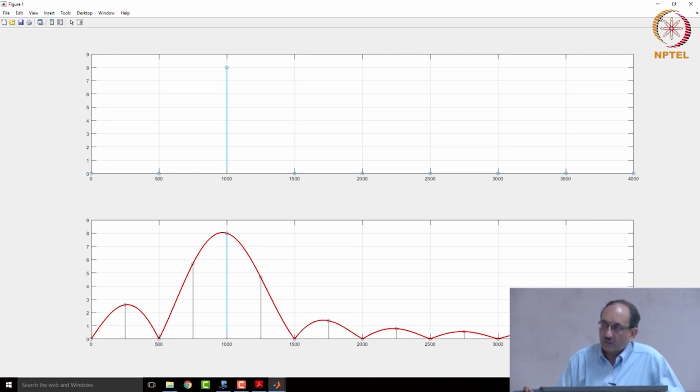Now what is happening here is, you can think of this sequence, of which we generated 16 samples from 0 to 15, as being an infinite duration sinusoid multiplied by a rectangular window.